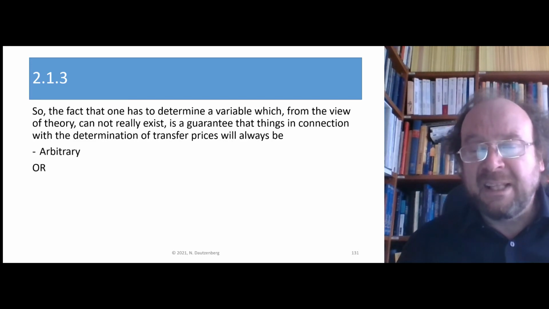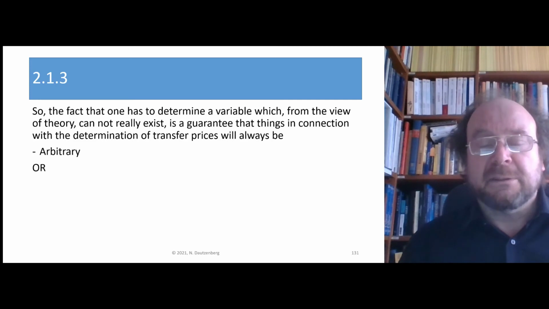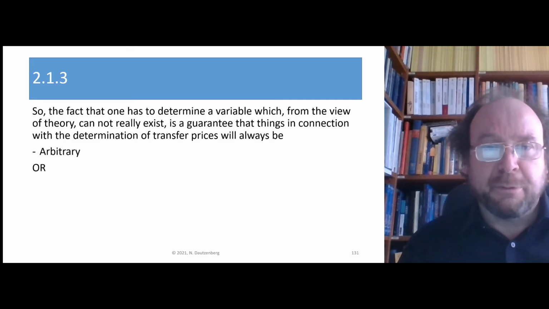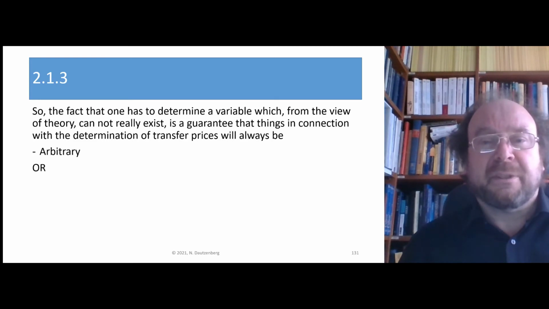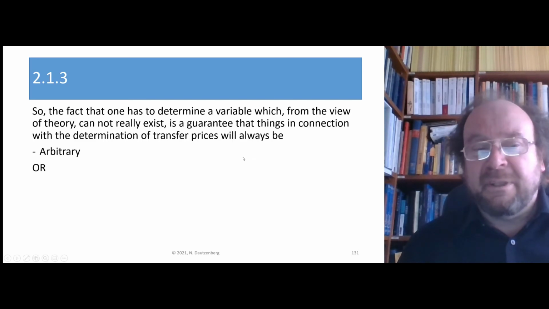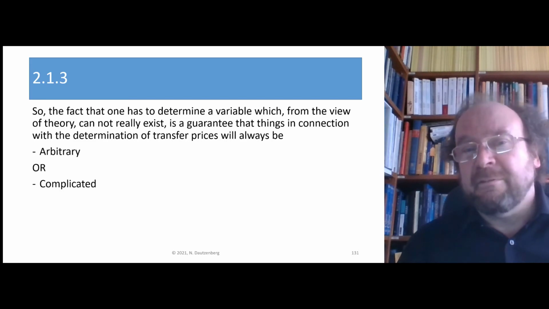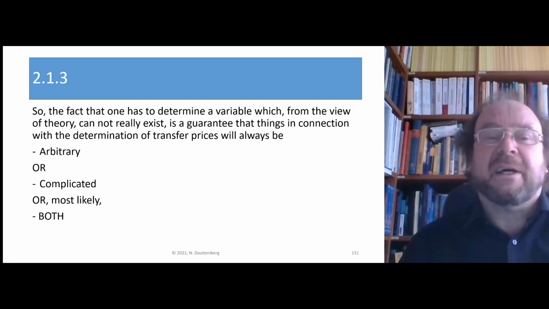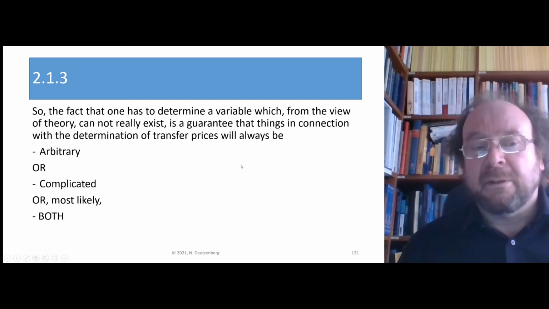So that's the problem. To sum up what I said just now, and I hope you believe it, on transfer pricing and the basic problems: when you have to decide for an outcome within the range, it will either be arbitrary, or it will get very complicated, or most likely it will get both arbitrary and complicated, because you have that conflicting thing.